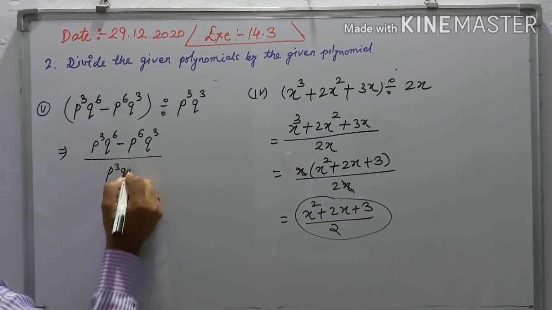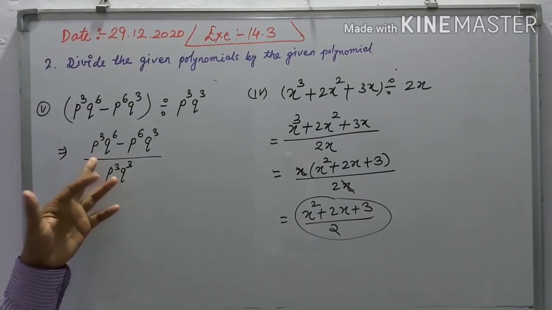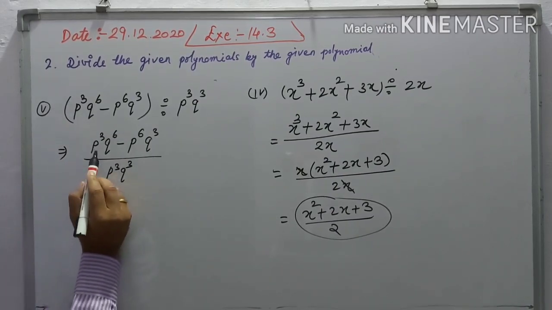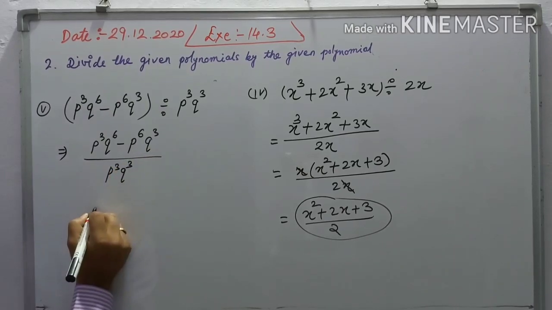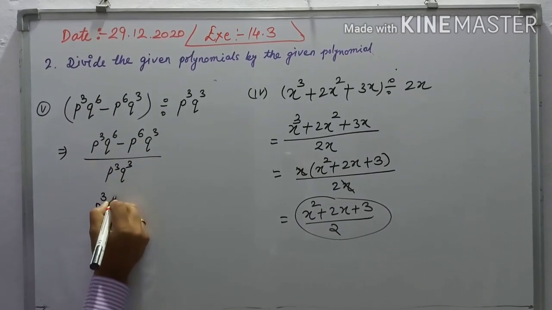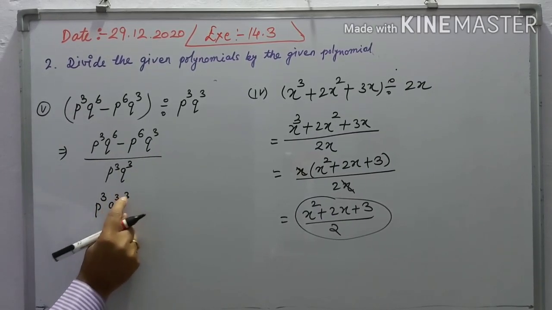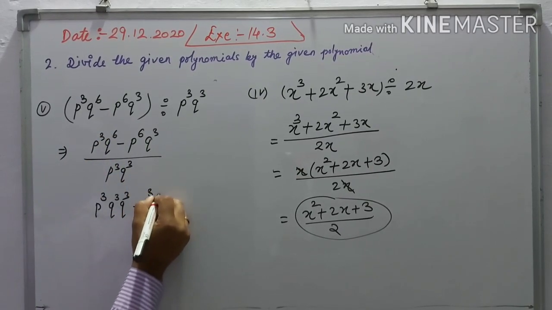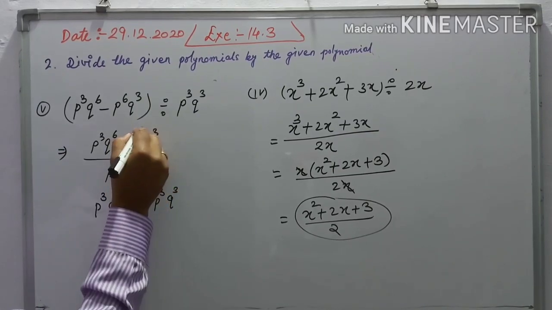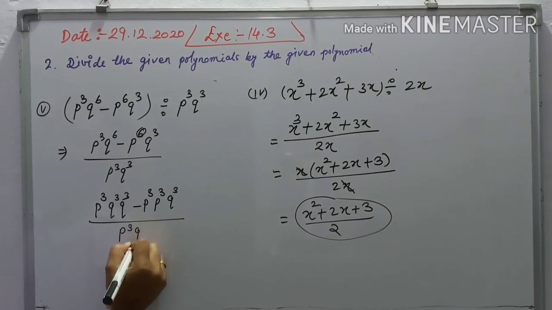The common term will be the minimum power of the value. The minimum power is p three times or p six times, so we take p^3 and q^3. Because the bases are the same, the powers add: 3 plus 3 is 6, and minus p^3 q^3, the 6 extends to two terms, upon p^3q^3. We write p^3q^3 times q^3 minus p^3, upon p^3q^3.